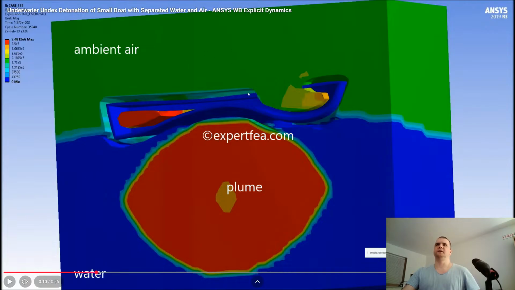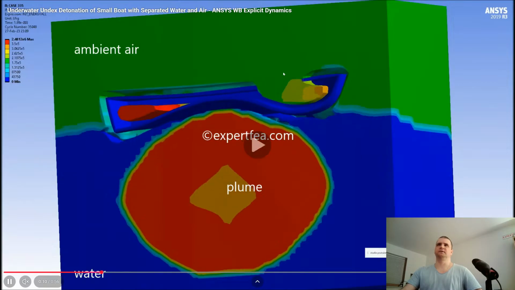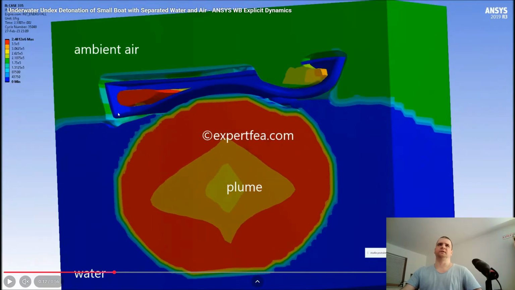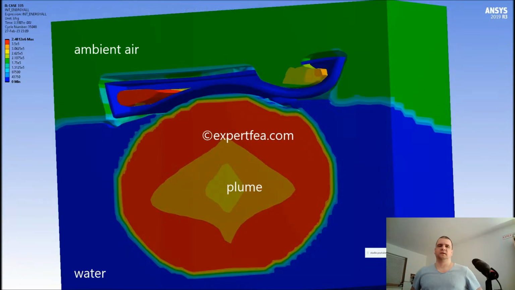And here you can see the air penetrating where it sees an opening, it fills it. So it's coming into the boat. Note the gap between the shell body and the fluid. This is a shell body; it's not solid. Note this gap. This gap is a function of the scaling of the number of Eulerian cells.